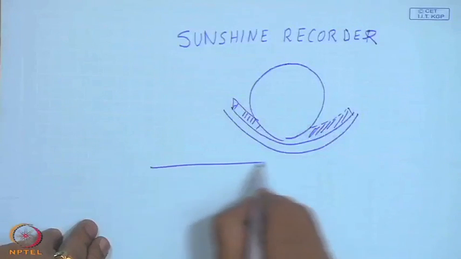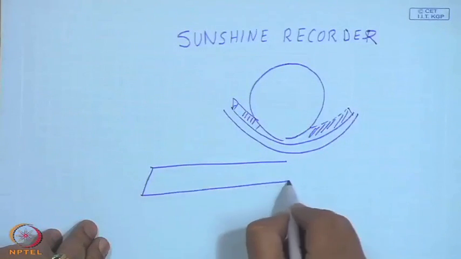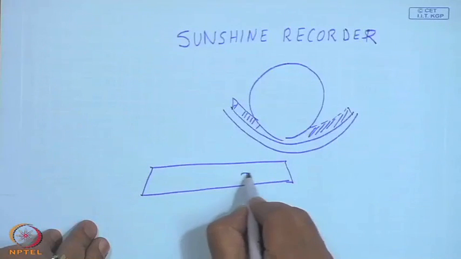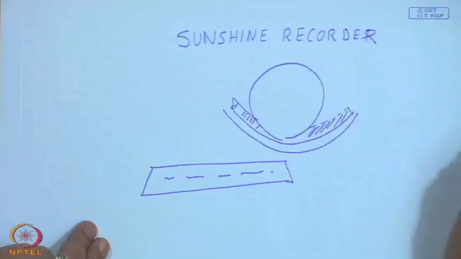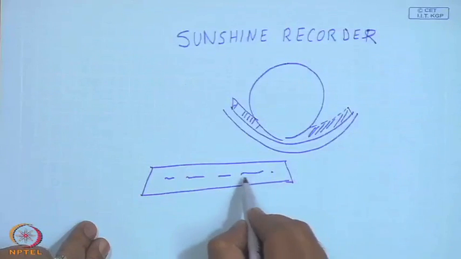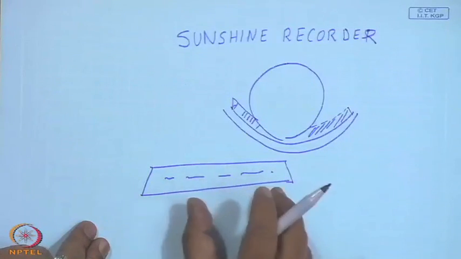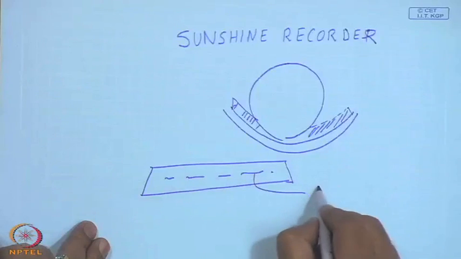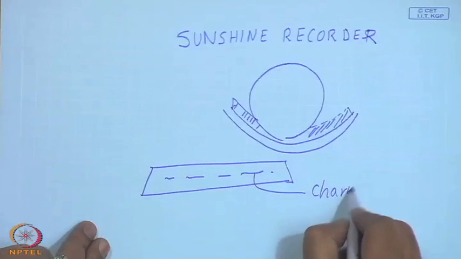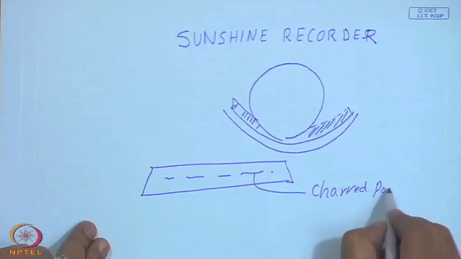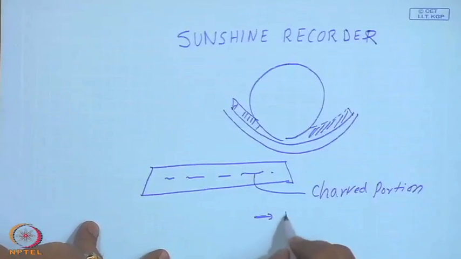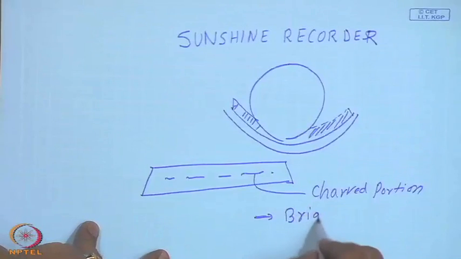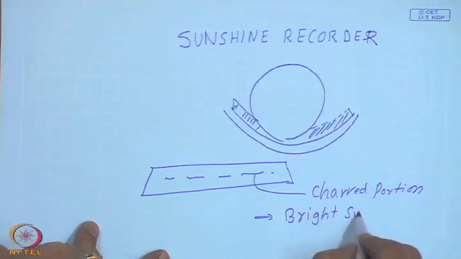So, if you look at that particular strip, you will find, depending upon the time of the day and the intensity, the charring will be of varying length, that means it is a bright sunshine.